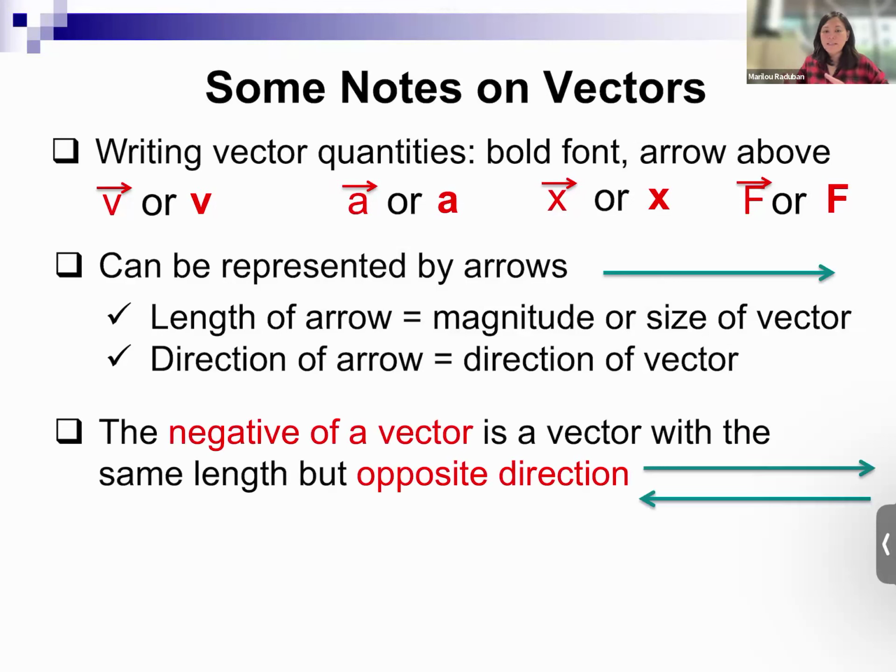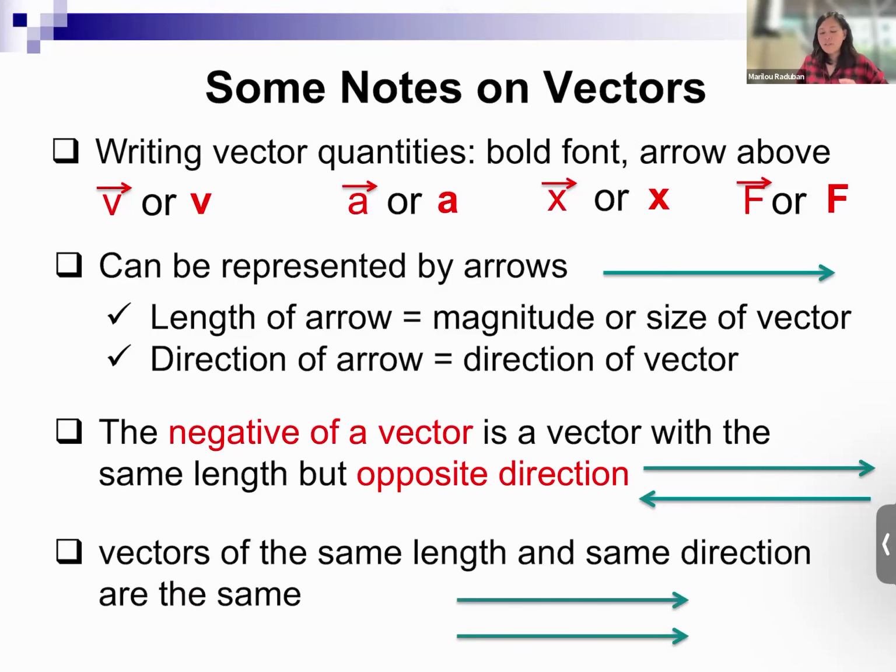A negative vector just means opposite direction. And because vectors contain information about magnitude and direction, two vectors are the same only if they have the same magnitude, or same length, and the same direction.